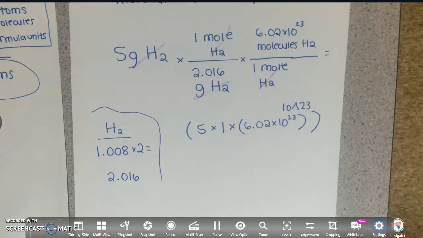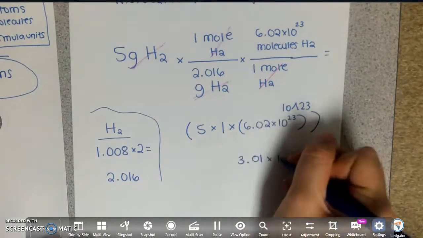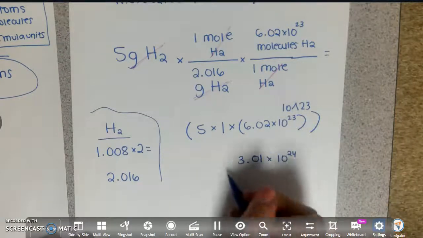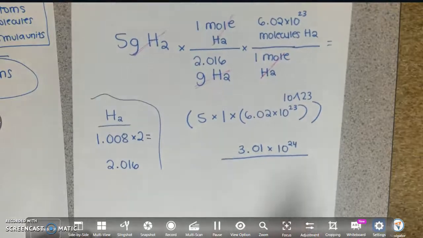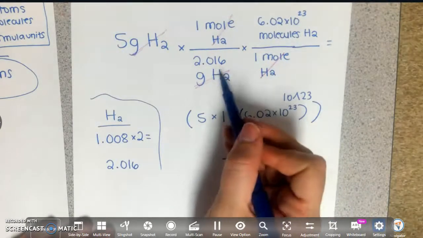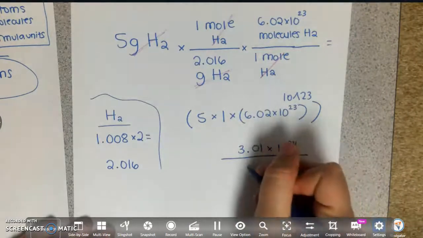Once you do that, you should get a number. The number you get is actually 3.01 times 10 to the 24. But that is what the stuff on top equals. Now we have to think about what's at the bottom. At the bottom, you have to multiply these numbers. 2.016 times 1. Well, that's going to be the same thing.